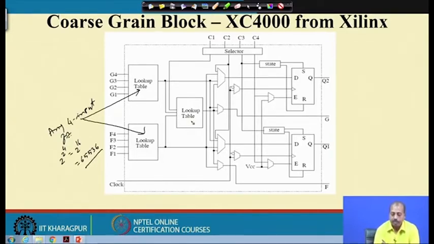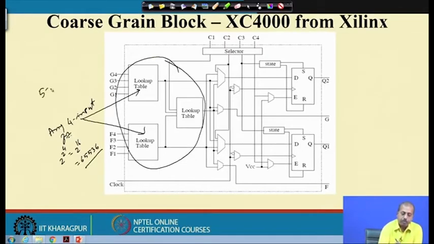The outputs of these 2 lookup tables are fed there, and also from C1, C2, C3, C4 through this selector you can select one of these inputs to come to this lookup table. So, if I take these 3 lookup tables together, then I can realize any 5 input Boolean function.